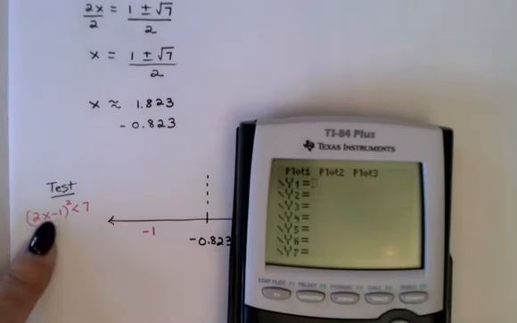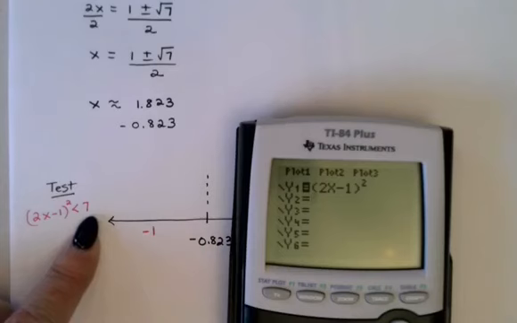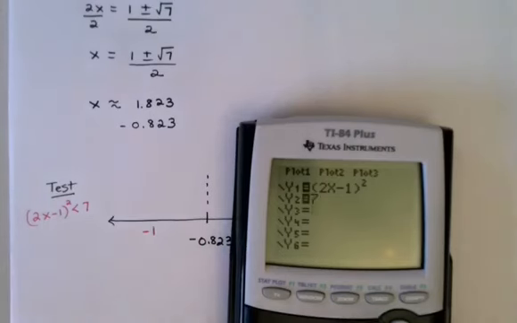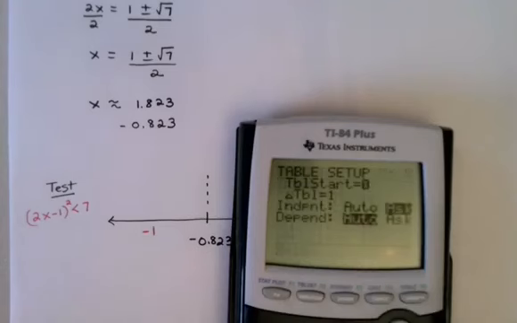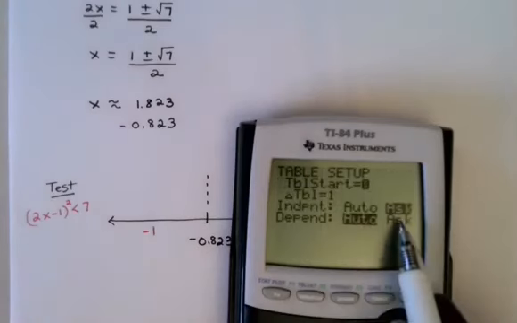I'm going to put this 2x minus 1 squared. And if I want to, I can put the 7 on the other side, or I can just remember it. That's kind of up to whatever you prefer. And then I'll go to the table. And let's just make sure my table is set up correctly. It is. I want to make sure my independent variable is set to ask, just like this.